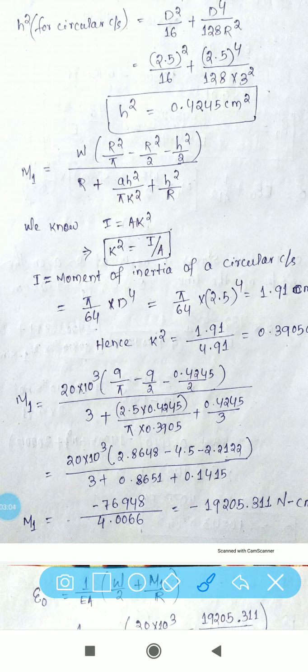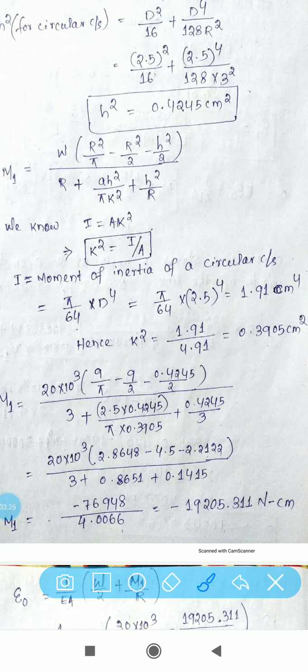So the moment of inertia for a circular section is pi by 64 into d to the power 4. Put diameter 2.54, so the value is 1.91 centimeter to the power 4. Then k is the radius of gyration.